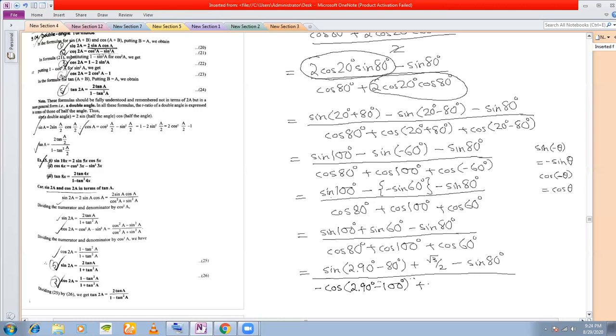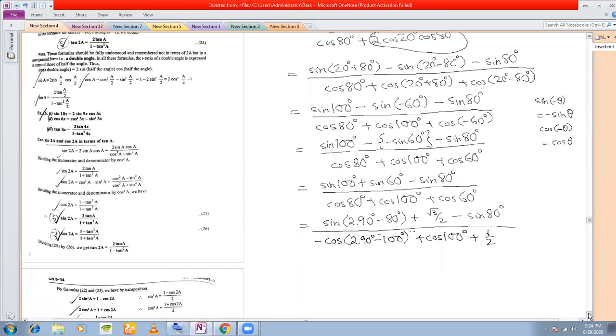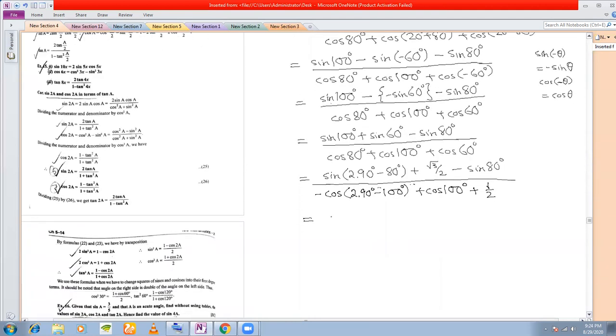Okay, plus cos 100 degree plus cos 60 is again half. Now see what happens. This becomes sin 80 degree. 2 into 90 minus 80 degree means, because it is an even multiple, sin remains sin, and because it is in the second quadrant, this is a plus sign. Plus root 3 by 2 minus sin 80 degree.